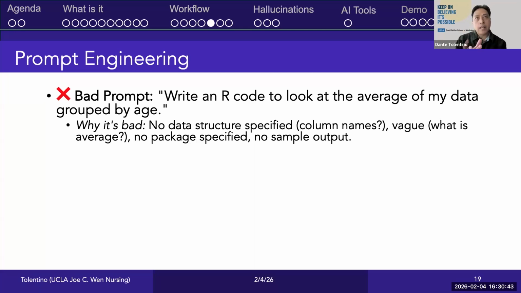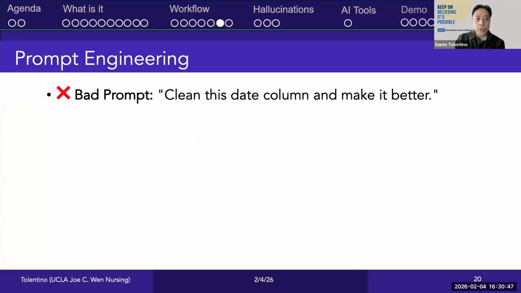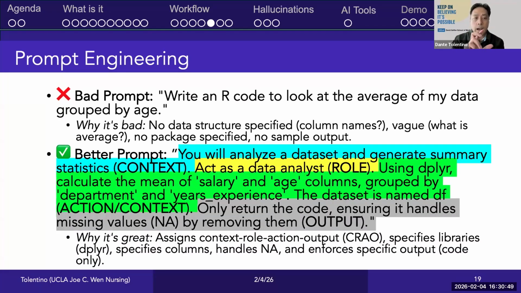So how do we make this a better prompt? If we use that context, role, action, output framework, you can prompt your AI to say, you will analyze a data set and generate summary statistics. So you're providing your context. Then you're giving them a role, saying you're going to act as a data analyst.